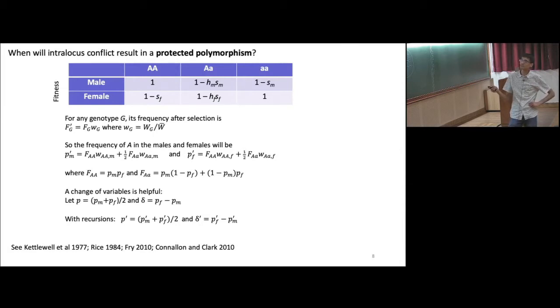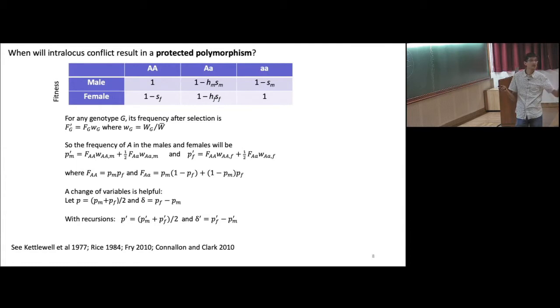And when you do relative fitness, it's relative to the mean fitness in males or the mean fitness in females as appropriate. So one can easily use this kind of model to figure out what the frequencies of the 3 genotypes would be after selection, given some starting allele frequencies. And then you can figure out what the frequency of the big A alleles is.